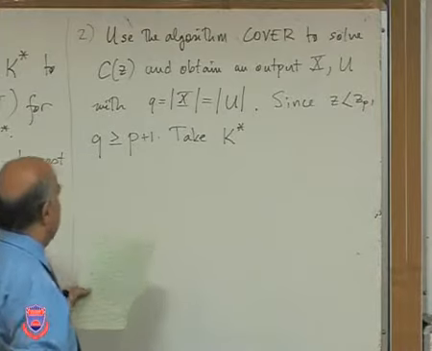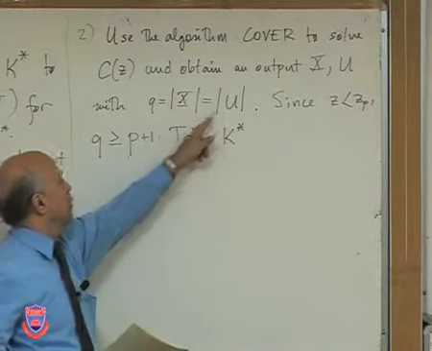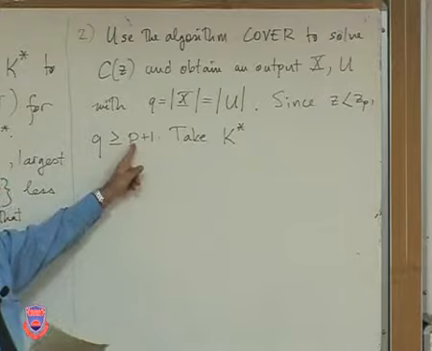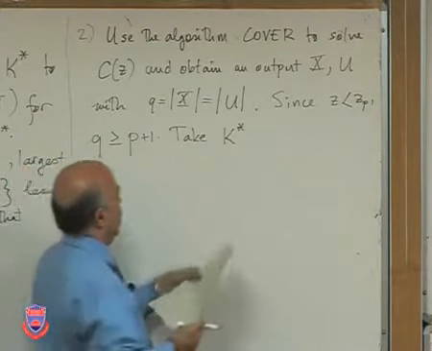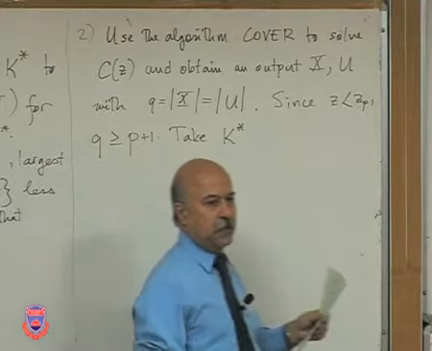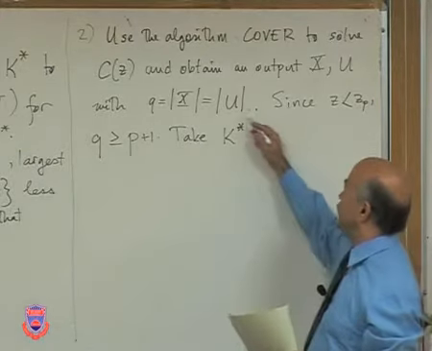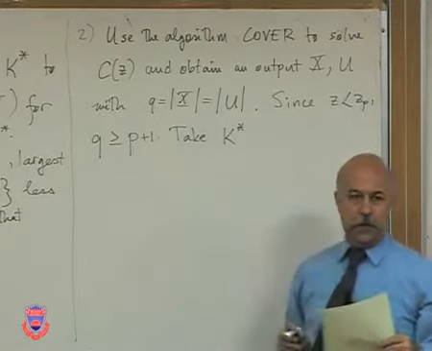So, in this case, we know that the set U consists of at least p plus 1 or possibly more vertex indices. So we take K star to be any subset of this set U consisting of some p plus 1 indices. Okay?